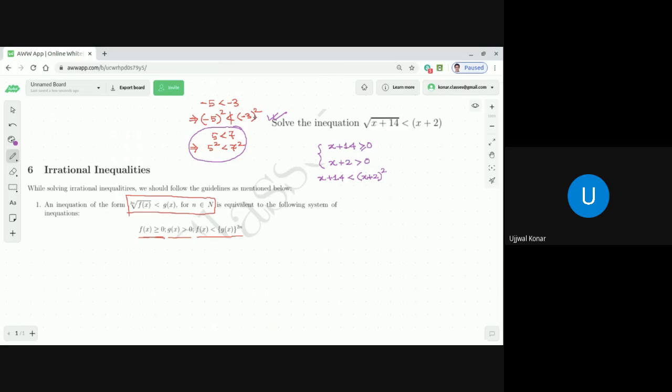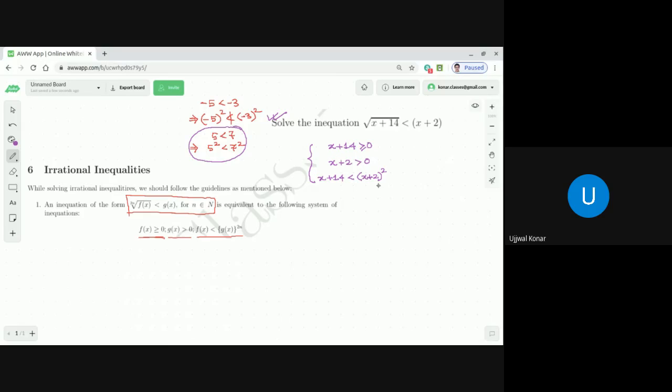So what we'll end up with, dear students, is to solve these three systems of inequations. And this is easier to solve, correct or not? This is easier to solve than going with some kind of apprehension or confusion.